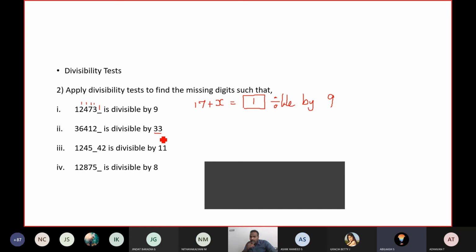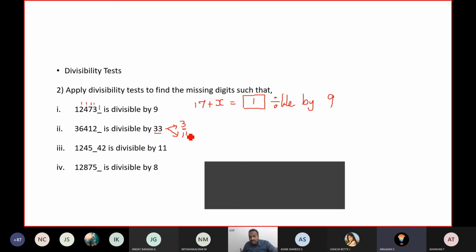Can I write that as a product of two numbers such that they are co-primes? It must be divisible by 11 and 3. Yes, that's all. So the number should be divisible by 3 and the number should be divisible by 11. So they have already told me it is divisible by 33. So I know for sure that it is going to be divisible by 3 and it is also divisible by 11. Let's check one after the other.